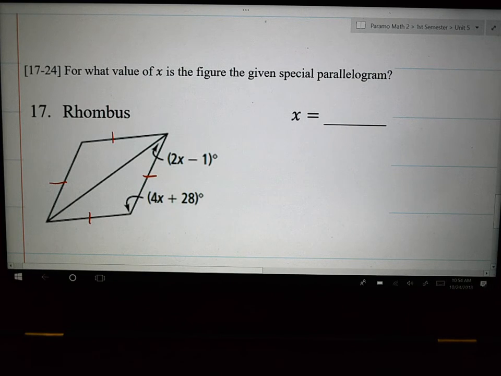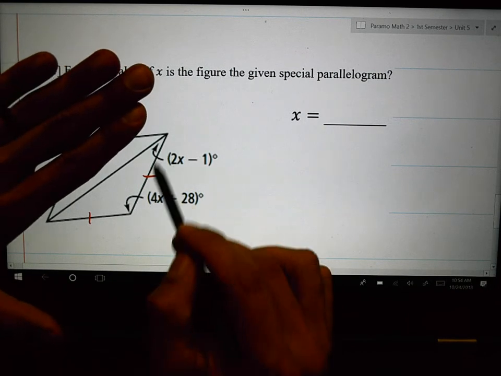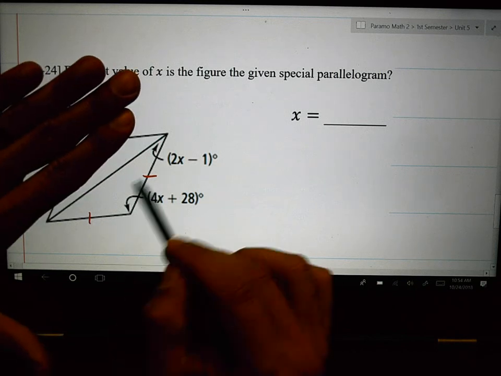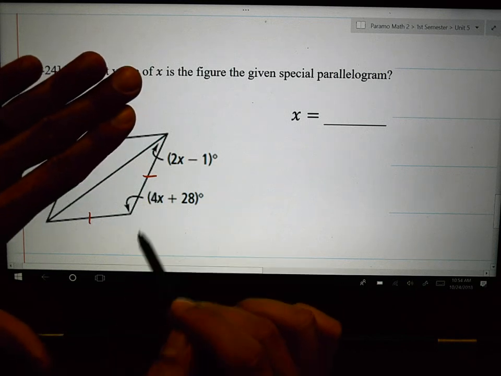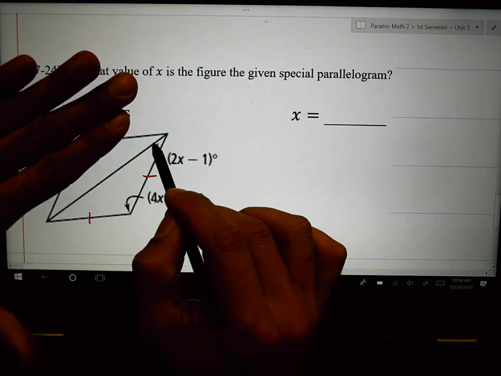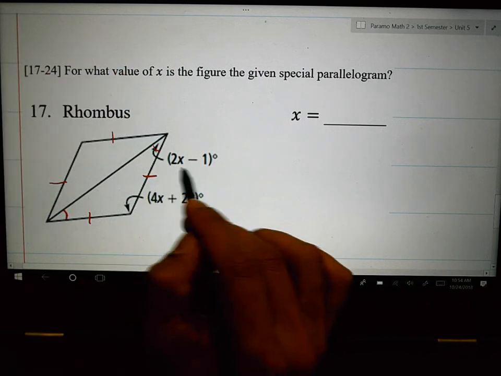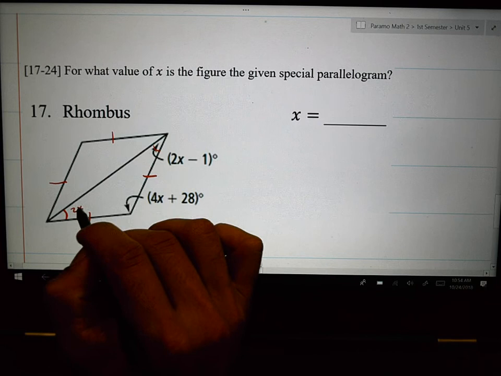And that helps me because then I see an isosceles triangle. 2 sides are the same, which must mean that 2 angles have to be the same, that this angle here has to be the same as this angle there. And if that angle is 2x minus 1, so is this angle over here.